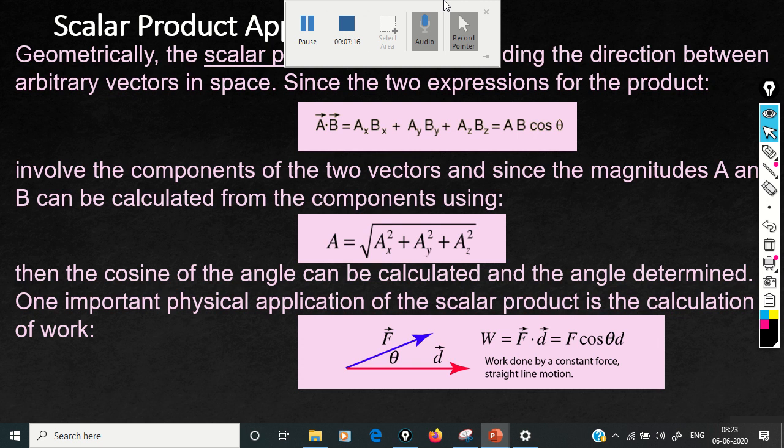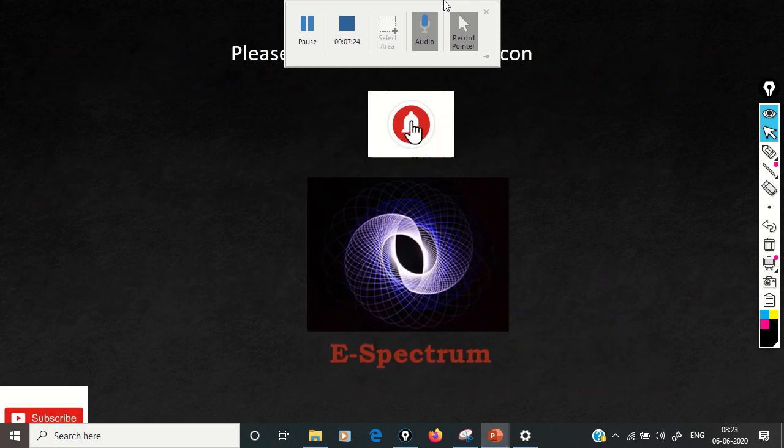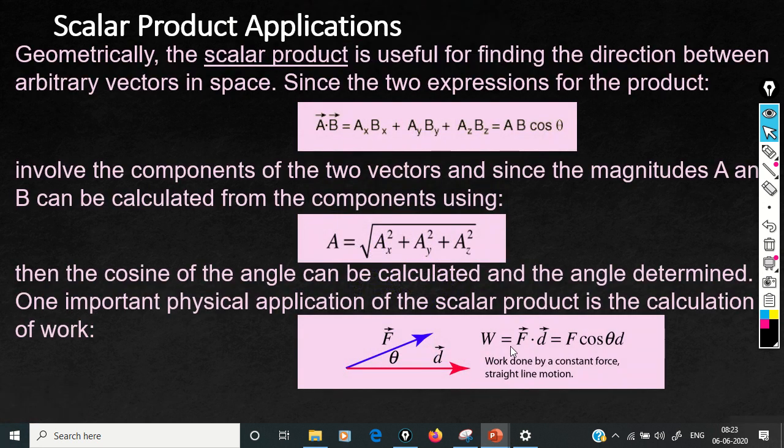Now what is the application of this? I have a force applied in the direction of a vector. So how to calculate it? I have a force F applied in the direction of D. I want to take the component of vector F in the direction of D. So what I should do is drop the perpendicular. And what is this component? This component is the adjacent side of my theta, so it will be equal to F cos theta.